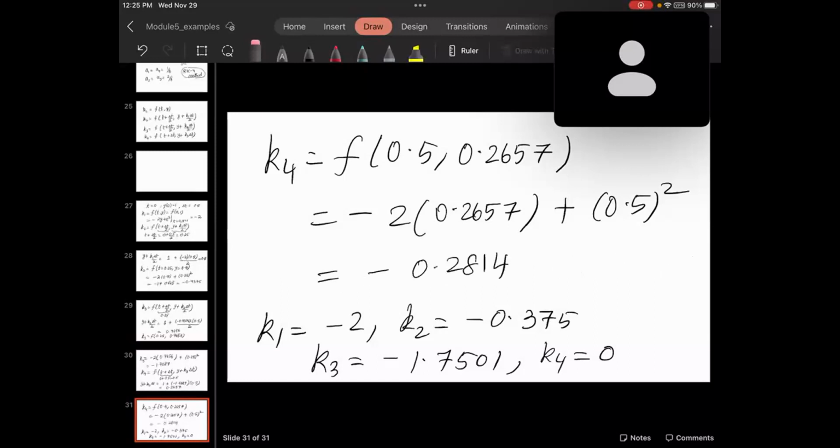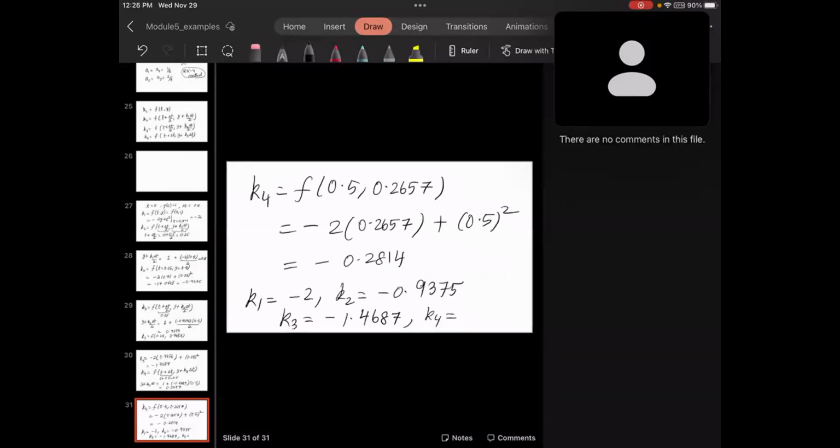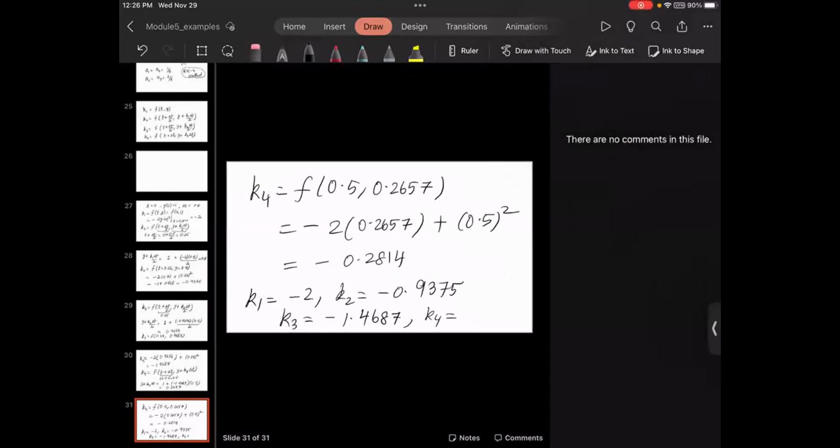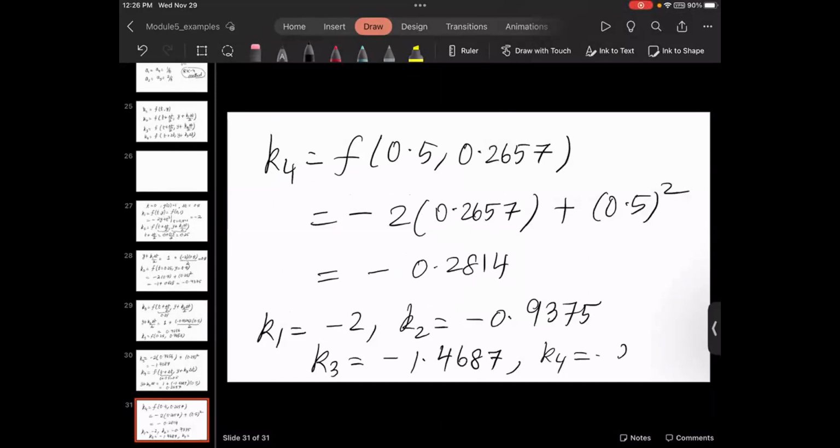So the K1 value is minus 2, no change there. The K2 value is minus 0.9375, and the K3 value is, what is the K3 value? Minus 1.4687, and the K4 value is minus 0.2814.